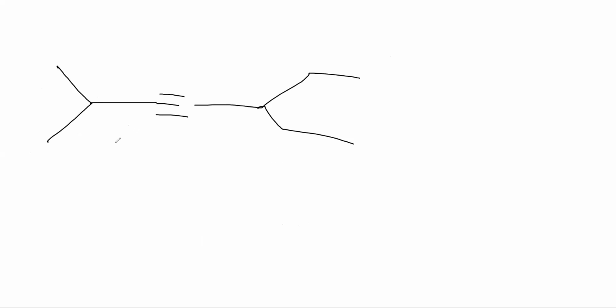Okay, so we could either start numbering from the left or the right, and top or bottom on left and right is the same because of symmetry. But we're going to want to start numbering from the left because that'll put the first substituent on carbon number 2.